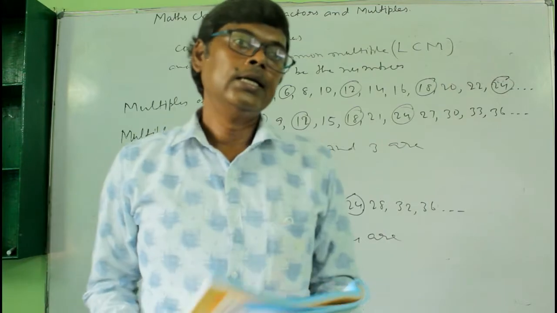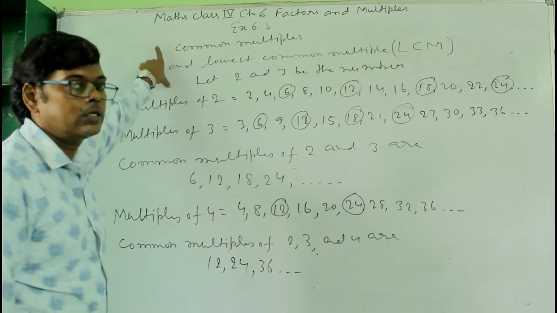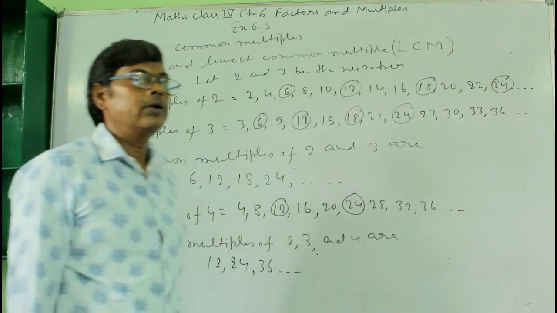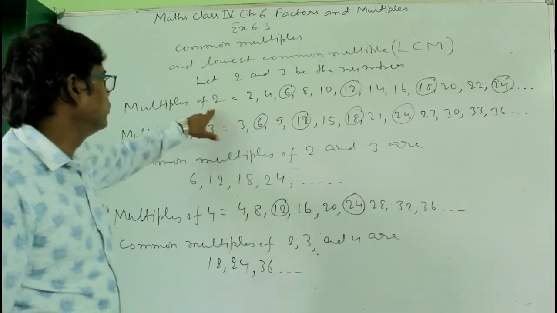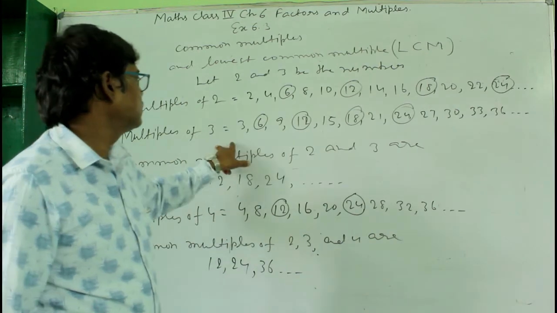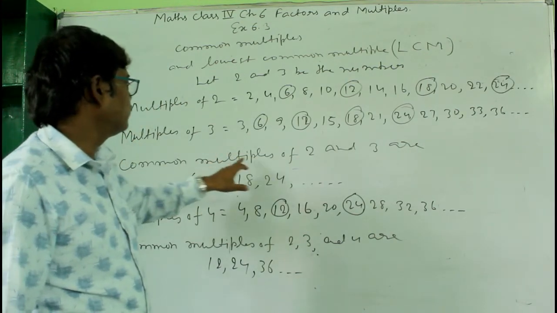Now comes the least common multiple. From this also you can understand the meaning of least. Least का मतलब क्या होता है? सबसे छोटा. Now here are the multiples of 2 and the multiples of 3, and we have found the common multiples of 2 and 3.